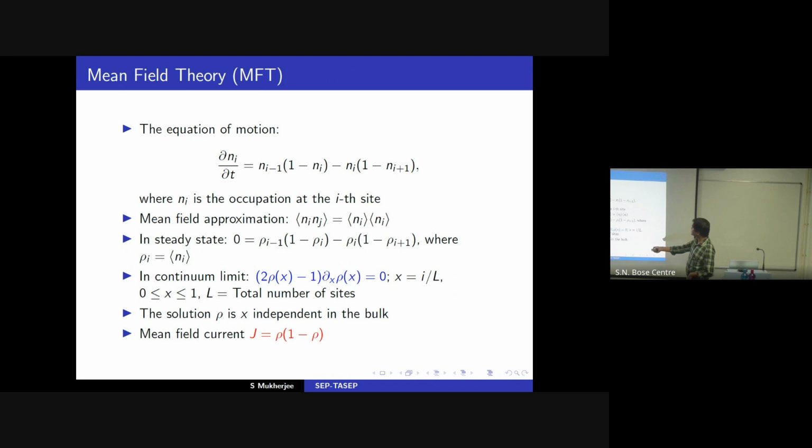Then considering the continuum limit, we get this equation of motion: (2 rho of x minus 1) del rho by del x equal to 0. Here x is a variable which is i by L, where L is the system size. And this is the equation of motion in the continuum limit. We can see from the equation of motion that the obtained solution of rho is x independent in the bulk. We also identify the mean field current J as J equal to rho times (1 minus rho).